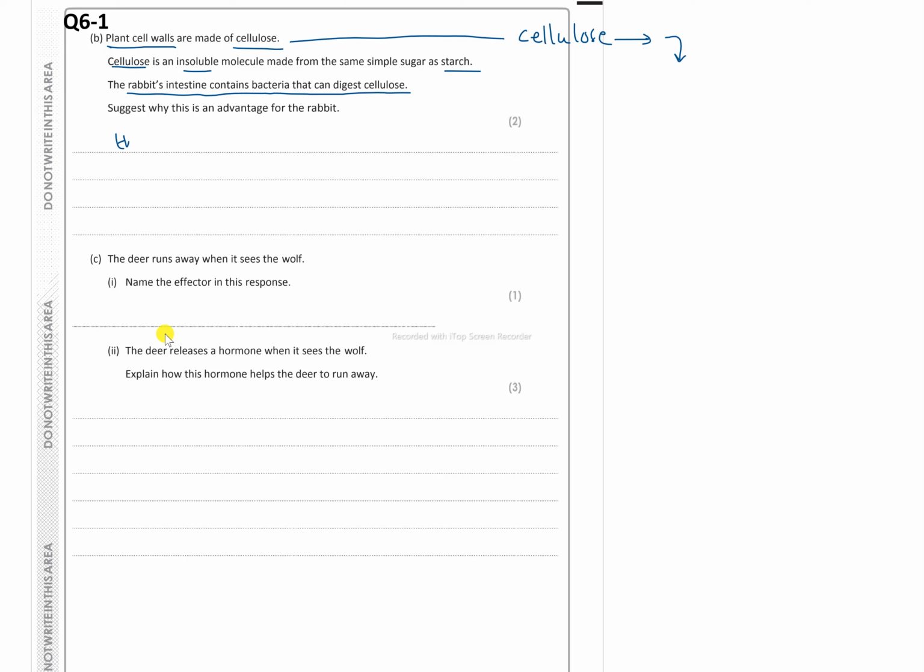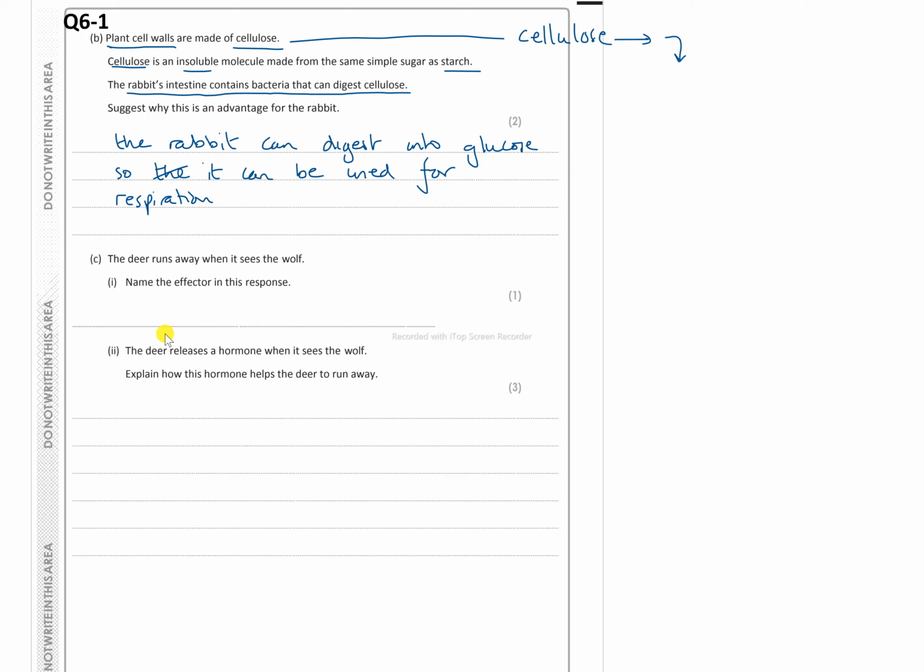Right, the rabbit can digest it, break it down into glucose, so it can be used for respiration.